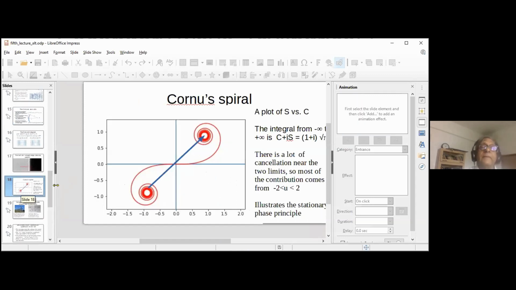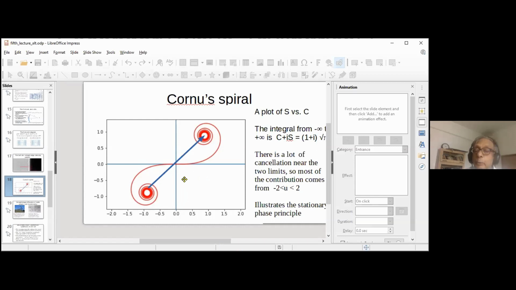So we have an integral. The integral was exponential i into u squared by 2. So the phase part was u squared by 2. And u is really proportional to y. Now u squared by 2 actually has a minimum at u equal to 0.